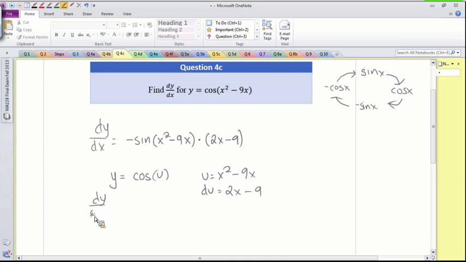So dy/dx is equal to negative sine of u times du, which is equal to negative sine of x squared minus 9x times 2x minus 9. So any questions?